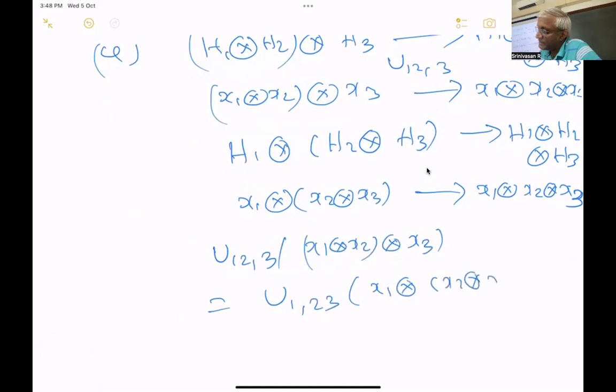This is just an elementary thing. I'm just stating that this is equal to X1 tensor X2 tensor X3. So in a sense, this is associative. You don't have to worry how you take it, because the associativity is preserved on the elementary tensors, so it will be preserved on the whole space.